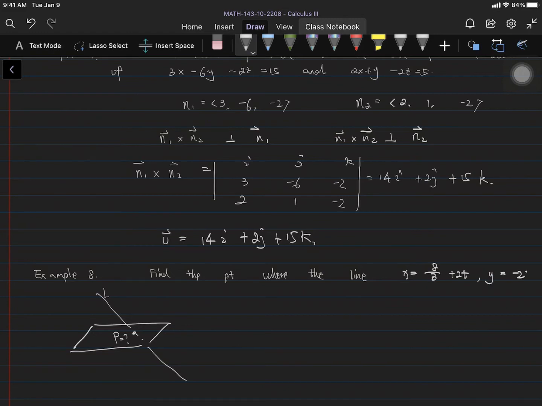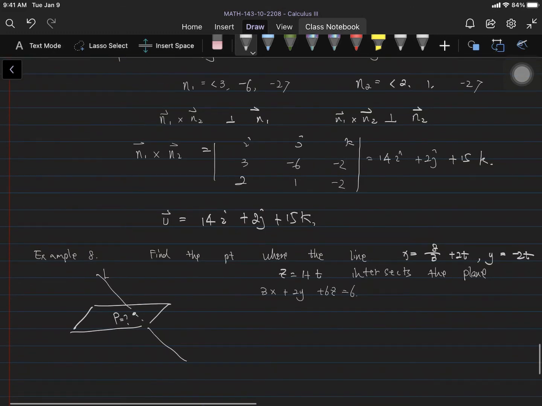y equals -2t. So we know the direction of the line, intersects the plane. The plane is given by this one. So the given information here: we know a plane, we know a line.